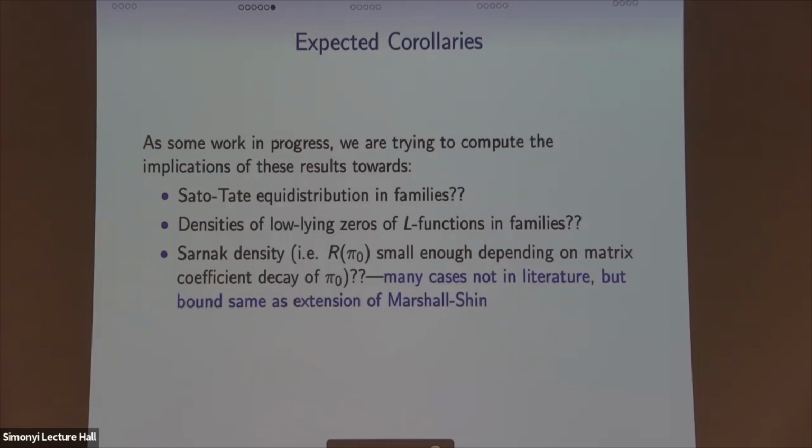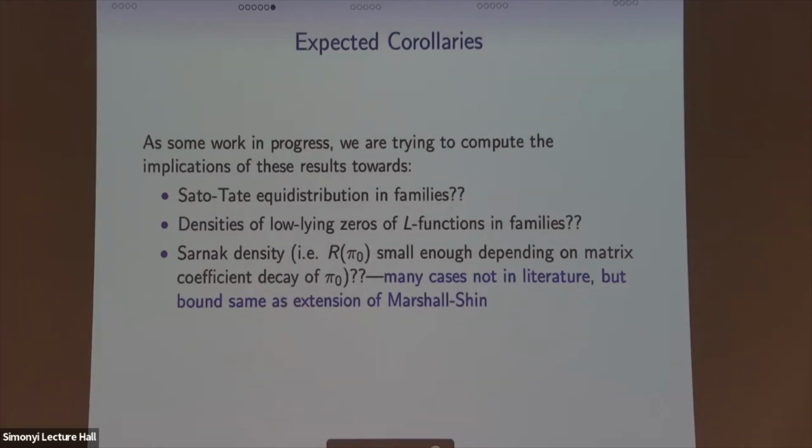So the next thing is basically the Sarnak-Xue density hypothesis. What this is saying is that if you have an automorphic representation with a certain component that's non-tempered, it's a measure of how non-tempered. It should tell you that there are not too many automorphic representations with a component that's too non-tempered.